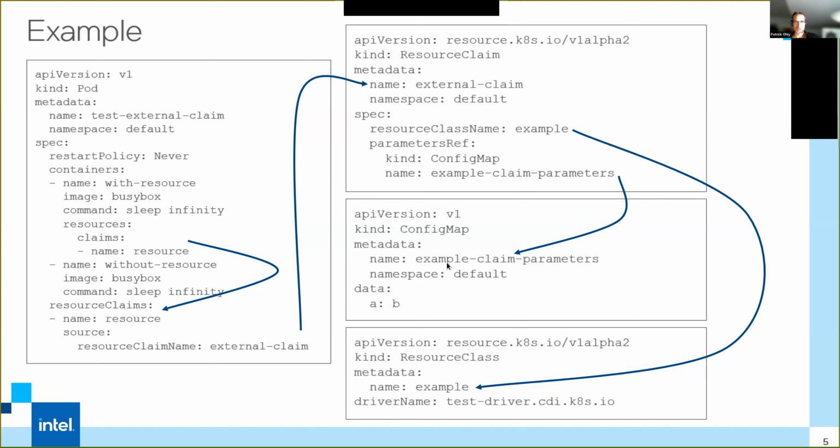But typically, instead of a config map, it would be a CRD, something that defines exactly what the parameters are. And then the API will be a lot nicer. It will not be just a string to string map as in a config map, but it could be arbitrarily complex. You could do hashes, lists, and could do validation through the normal mechanisms for a CRD.